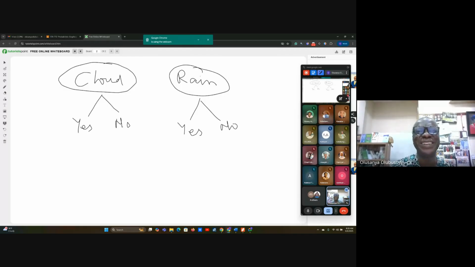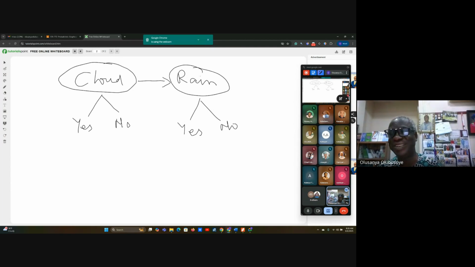But the possible direction will be that the cloud formation will produce the rain, right? So whether it will rain or not will depend on whether the cloud is formed or not. That's what we are trying to do here.